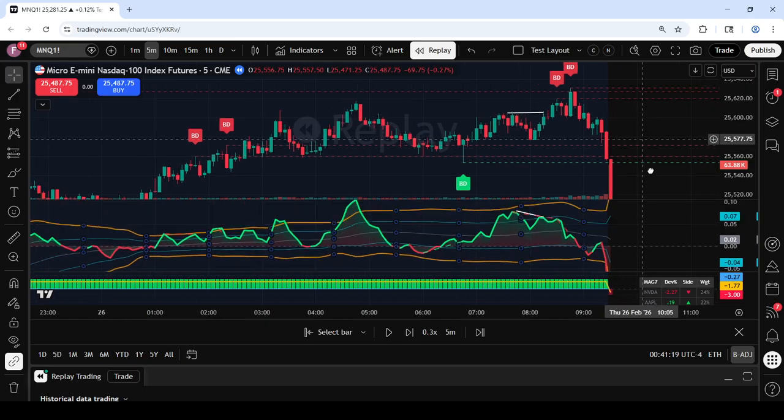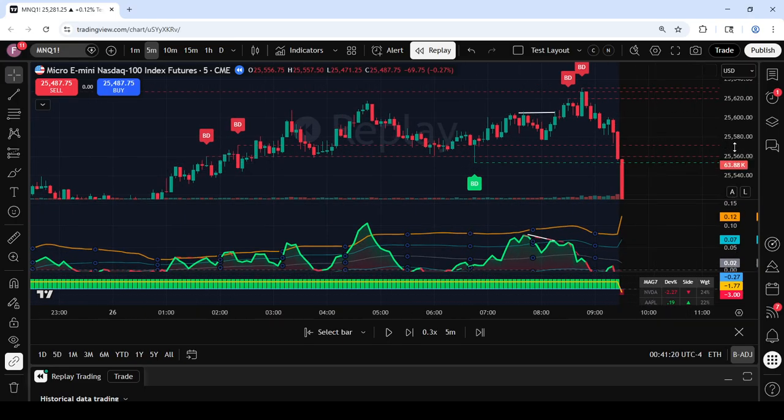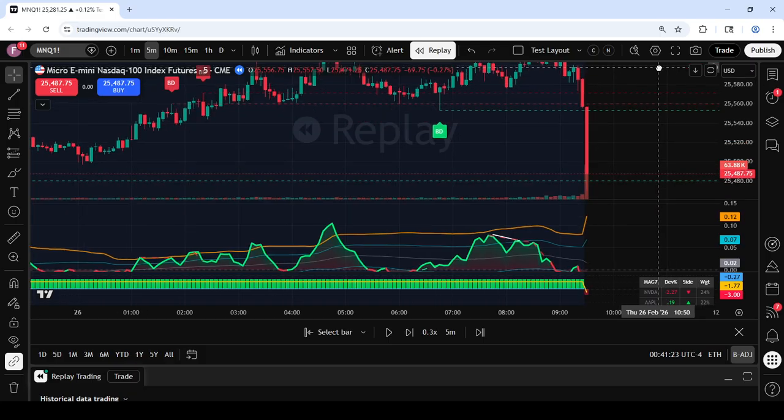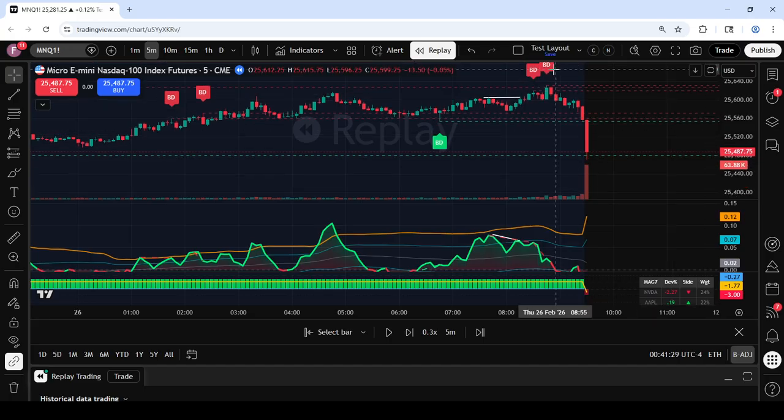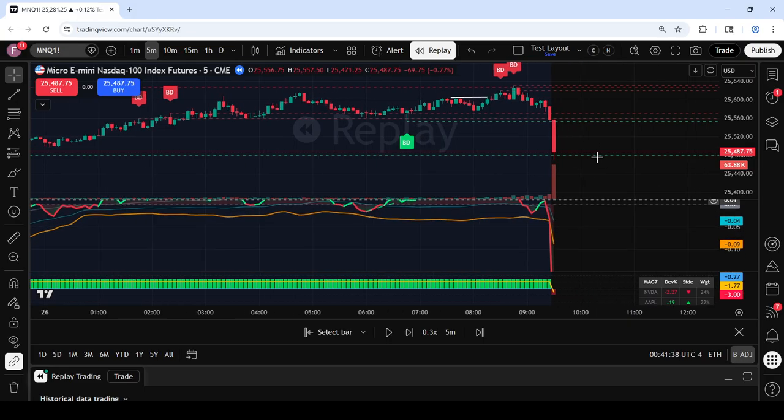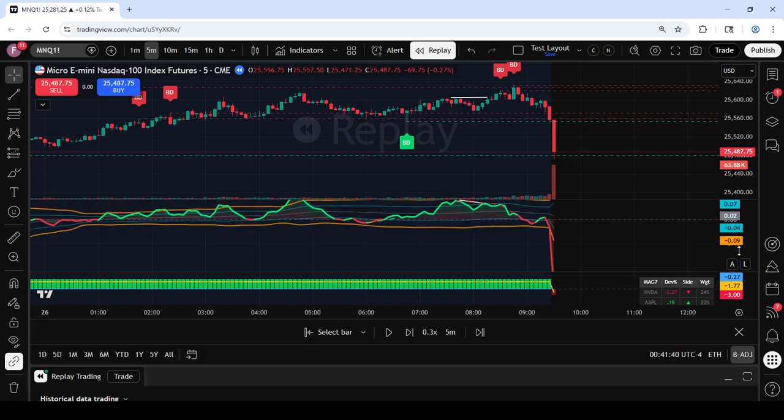Now we are at open. I should have 100% shorted off of that bearish divergence, but I didn't take it. That was dumb. But anyways, you win some, you lose some.